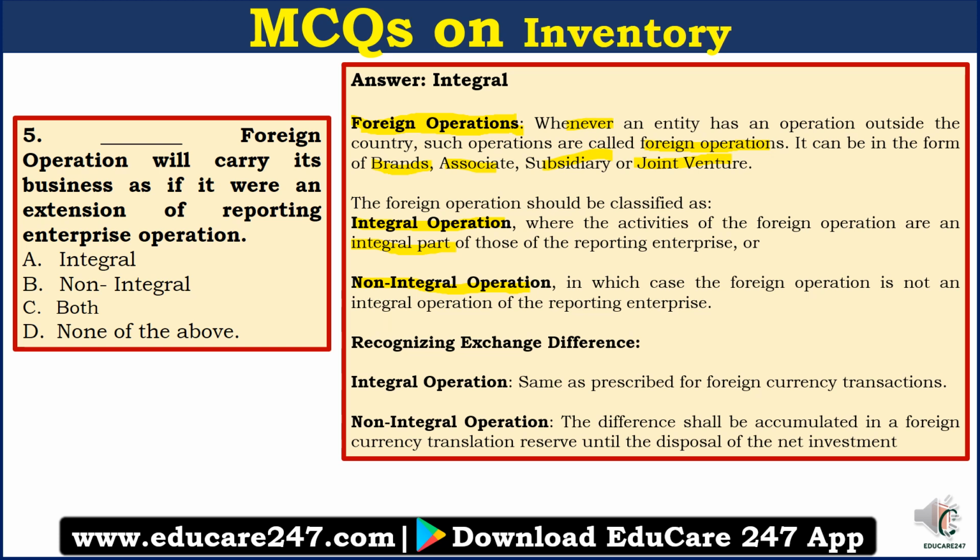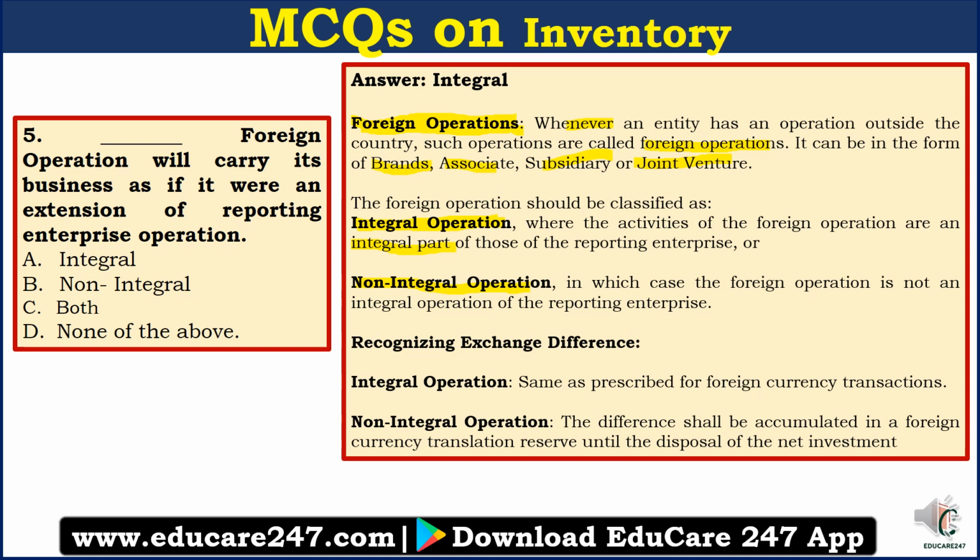So it has no other business except selling your product. So that enterprise becomes an integral operation because the activities of that enterprise directly affect your balance sheet, right? But in non-integral operation, you make an investment in a foreign company and it affects the exchange difference, affects you to a certain extent, but not as much as an integral operation.